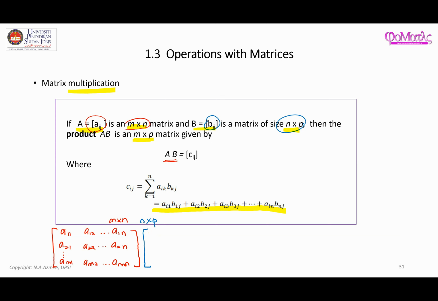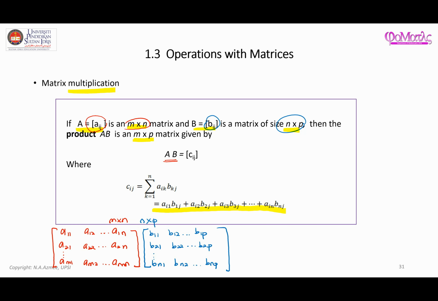We can imagine the elements written as such: B11, B12, until B1p, then B21, B22, B2p, and then we go to the last row, which is the nth row: Bn1, Bn2, until Bnp.